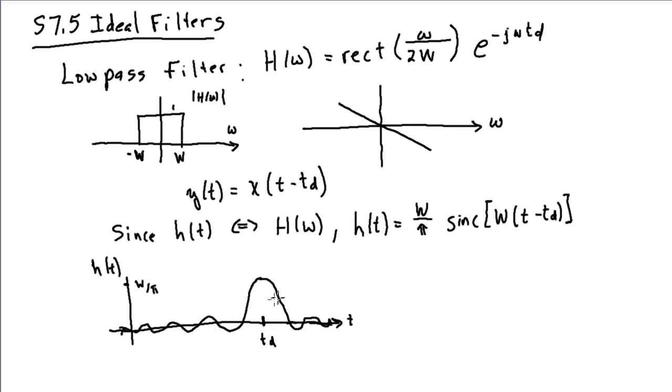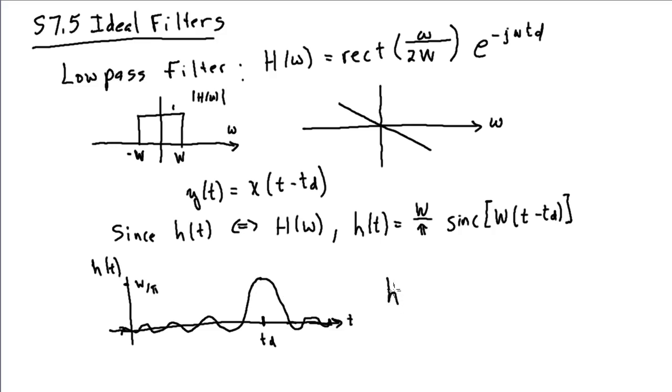So that means that the impulse response of this ideal low-pass filter is non-causal, and so we can't implement it exactly with physical circuitry, but we can approximate it by chopping off the portion of the response that's present for t less than 0.